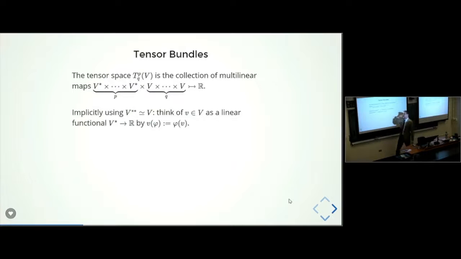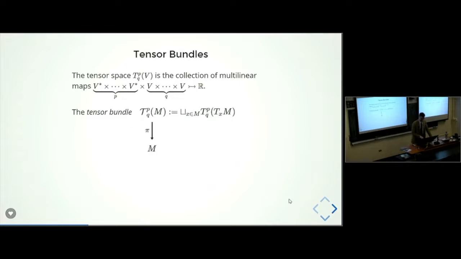The idea is that you think of something that maps V dual to R, and of course that's an element of V double dual, but I'm thinking of it as just an element of V. How do I go from V to V double dual? Well, in the usual way, the vector operating on a linear functional is the value of the linear functional on the vector. Everything I'm saying is totally bogus in infinite dimensions, or mostly bogus probably.